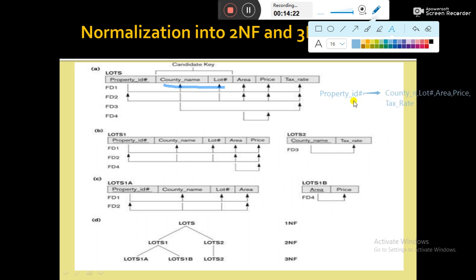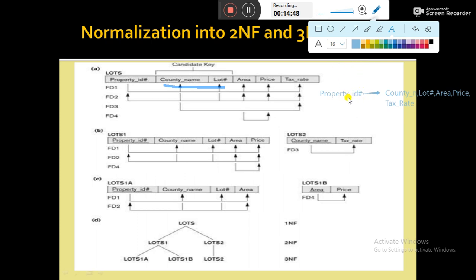So the FD1 symbolic representation can be written this way: property ID, arrow, county name, comma, lot number, comma, area, comma, price, comma, tax rate. That means county name, lot number, area, price, tax rate are all functionally dependent on property ID.